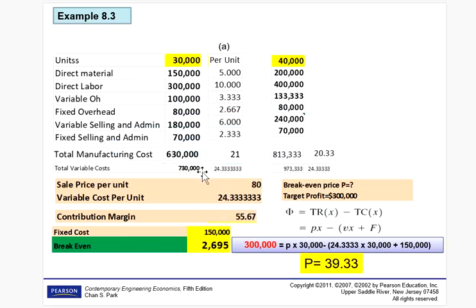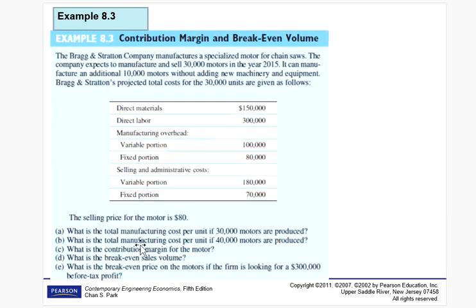Variable cost per unit, this is V, which we already calculated, 24.33. So this is P, this is V. So contribution margin is P minus V, 55.67.